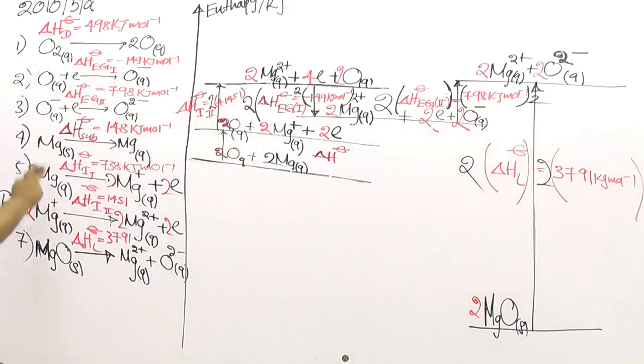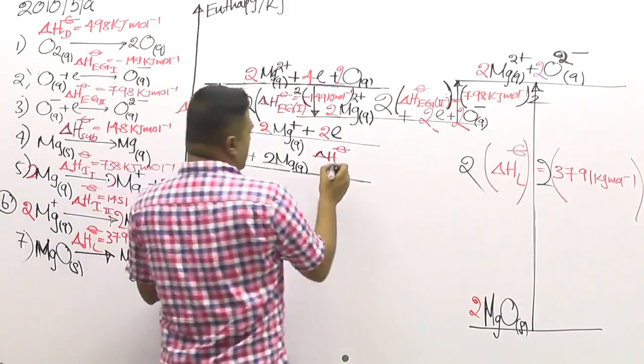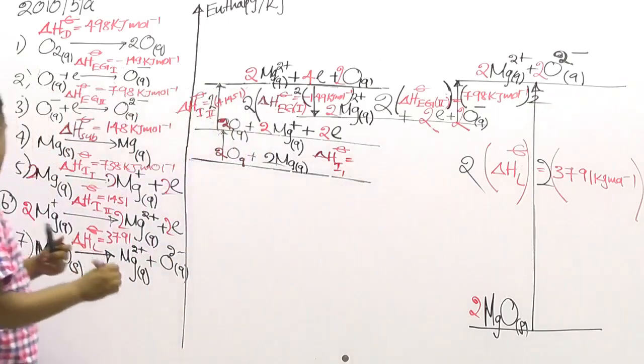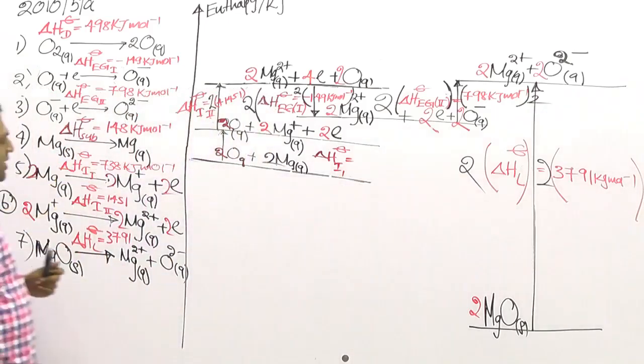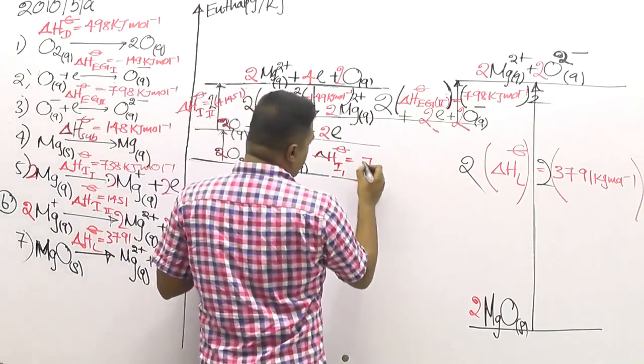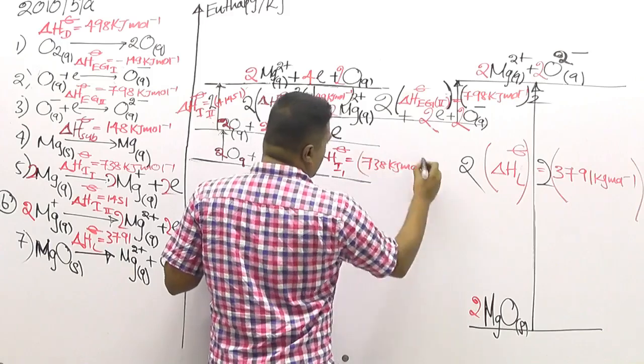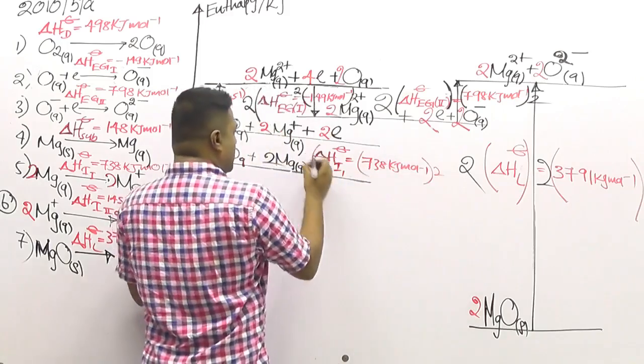First ionization energy I1, the fifth conversion, 738 kilojoules per mole, twice of that.